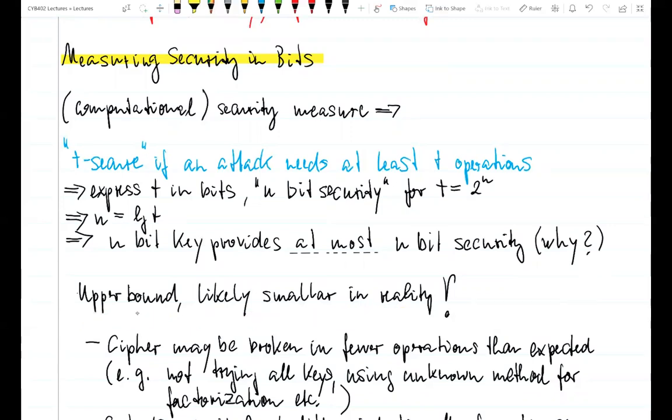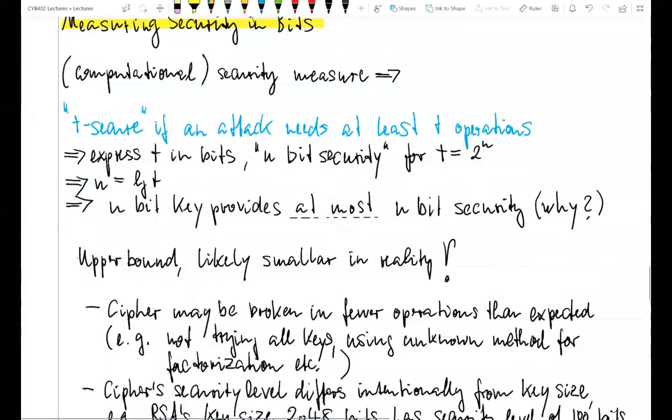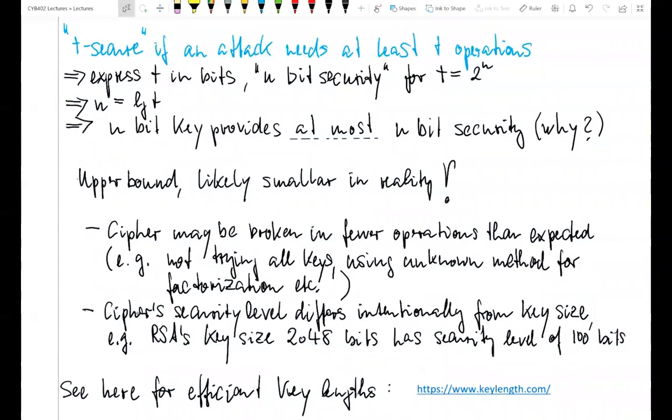Well, the reason for that is we may know about attacks that do not need to take a brute force approach, but can break the cipher by way of different methods, different approaches, other than brute force, in way fewer steps. So it is an upper bound, likely smaller in reality.